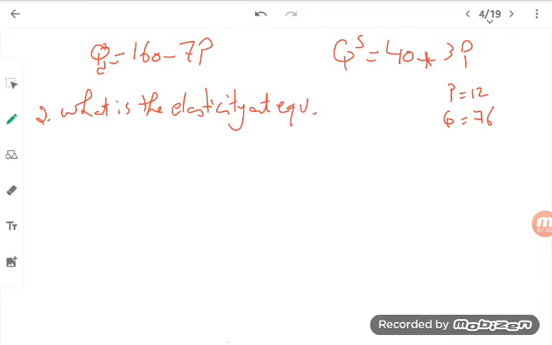So number 2, calculate price elasticity of demand at equilibrium. At equilibrium means that there is only one point, so we are going to use the law of the point elasticity of demand.